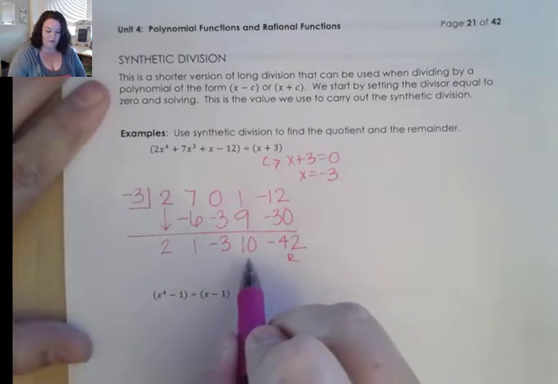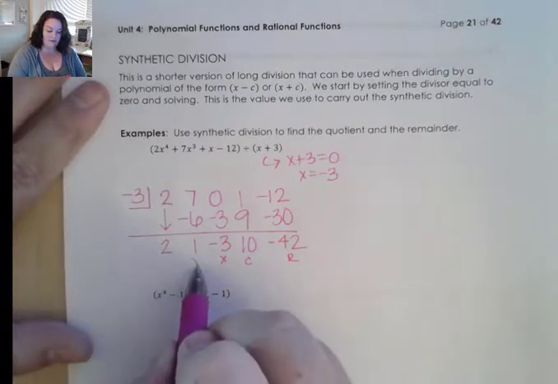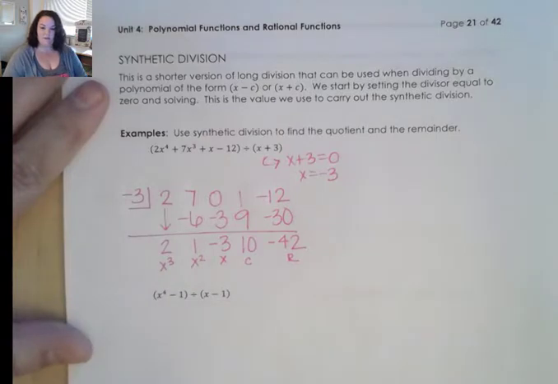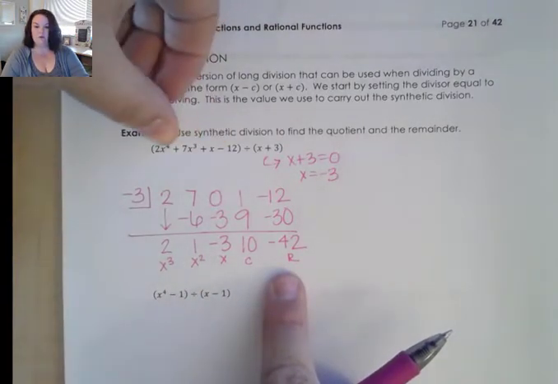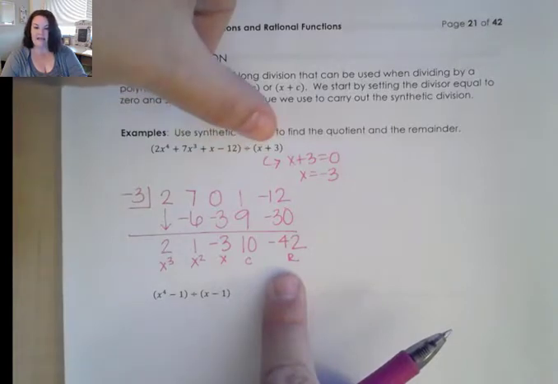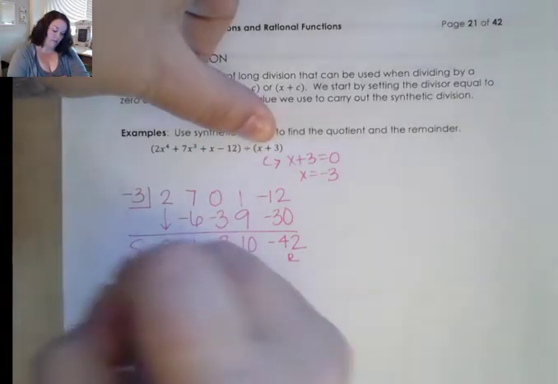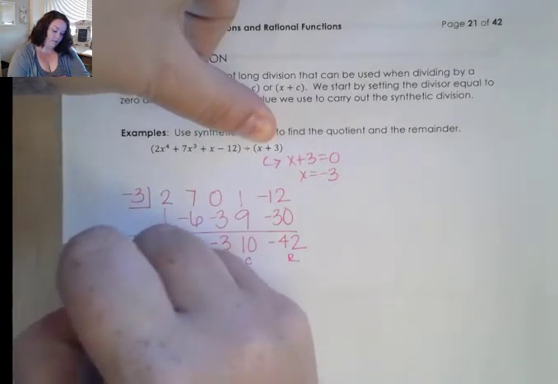The next term over is our constant term, then our x term, then our x squared, and then our x cubed. So what this is telling us is when we take this big original polynomial and divide it by x plus 3, this is our quotient. Okay, what's down here is our, whoops, I spelled it wrong, quotient.